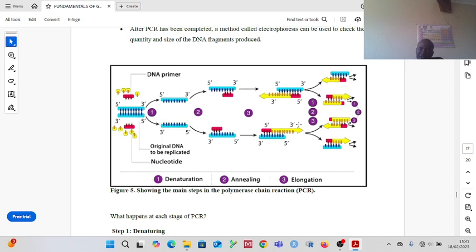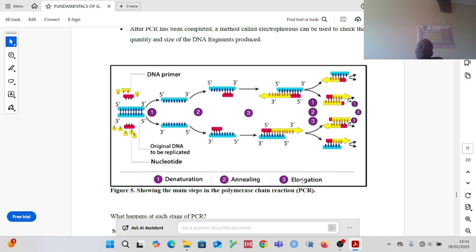So that's the elongation, what's happening at stage 3. Then we can continue the same 3 steps many times: denaturation, annealing, elongation.